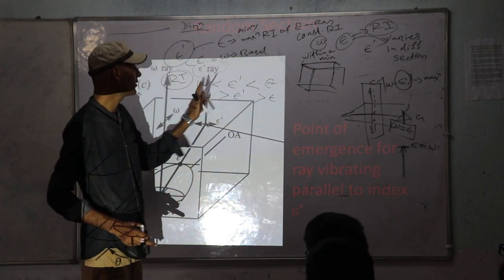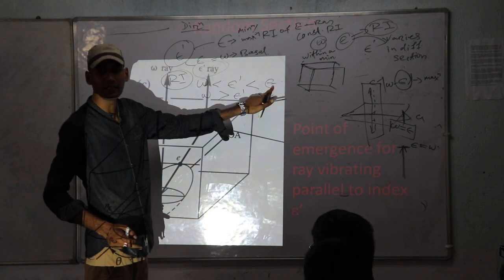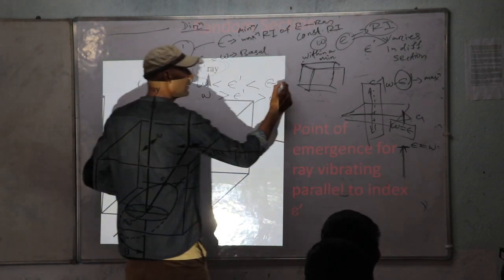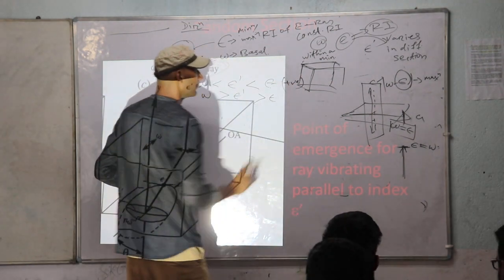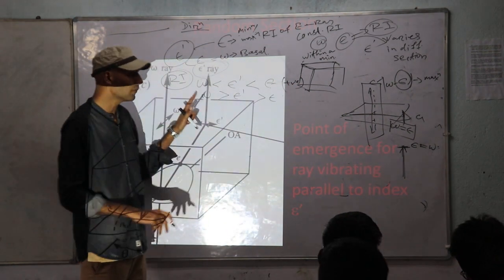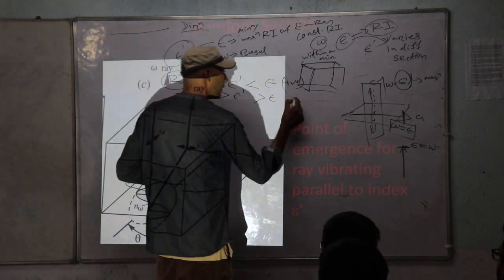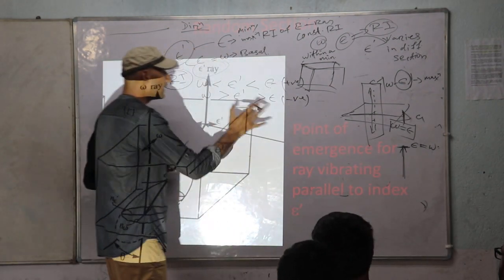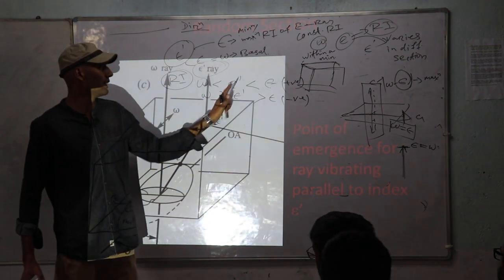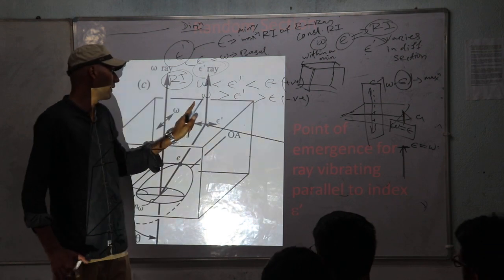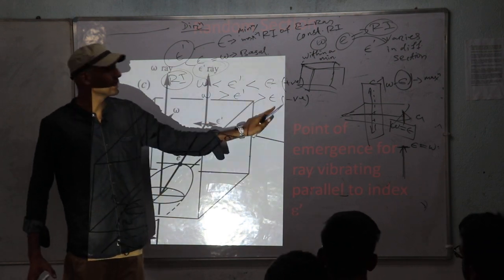I am talking about refractive index of O ray and E ray. So E ray is having greater refractive index, that means it is slower, so the mineral is positive. Here the refractive index of O ray is higher, that means O ray is slower, so the mineral is negative. So this is the condition: omega less than epsilon dash less than epsilon for positive, and omega greater than epsilon dash greater than epsilon will be negative.